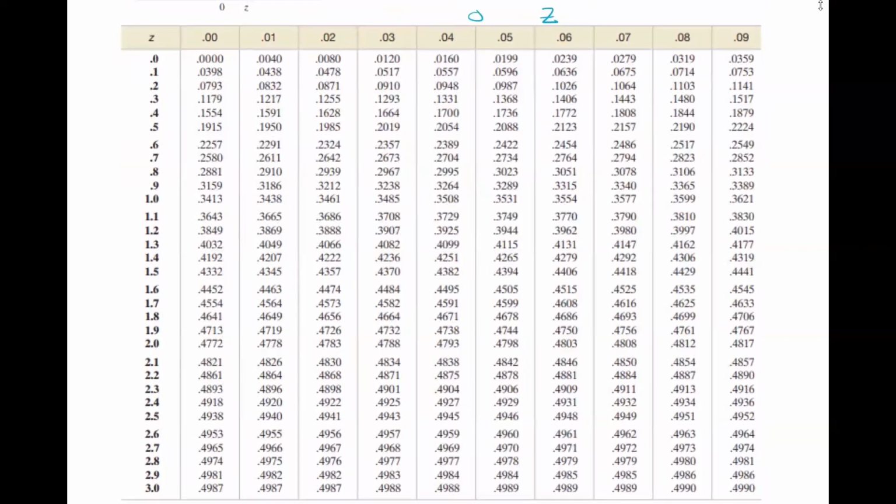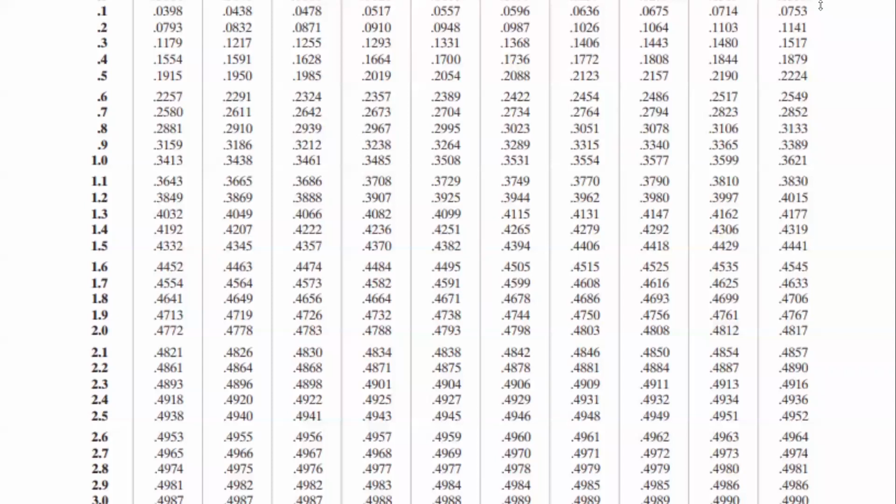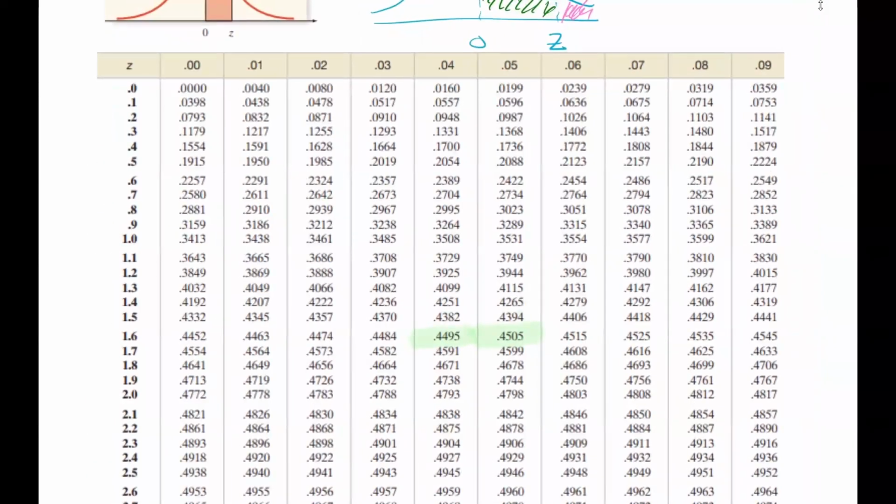Let's see, 0.45. Where do I see it? So here you will see 0.4495. And here is 0.4505. And 0.45 is right in the middle, right? It's just right in the center of it.